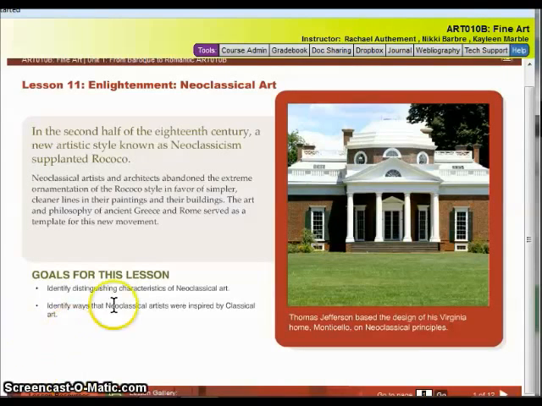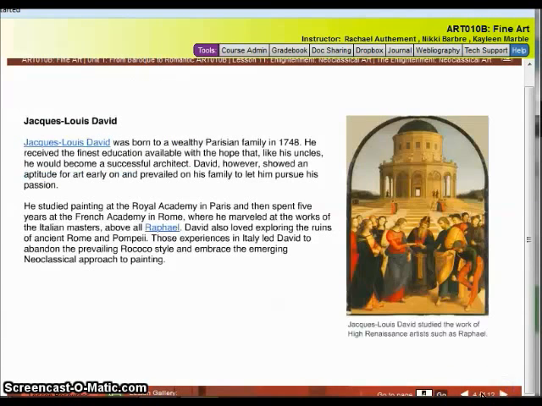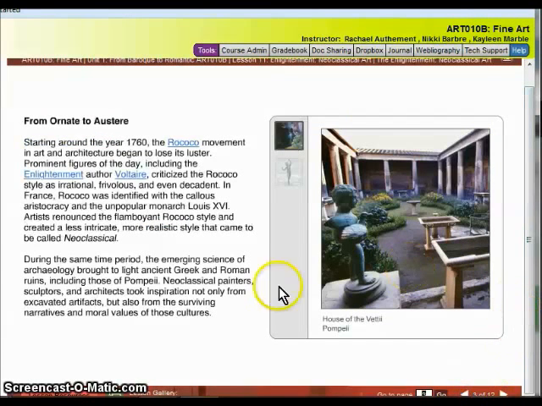Alright, lesson 1.11 covers neoclassical art during the Enlightenment. You're going to see that there always seems to be an uprising after a certain style goes through the art community. You'd have something that is free and fun in the Rococo, and then you have those that say, well, that's way too free and fun, art needs to have more of a purpose, and then we have Chardin.